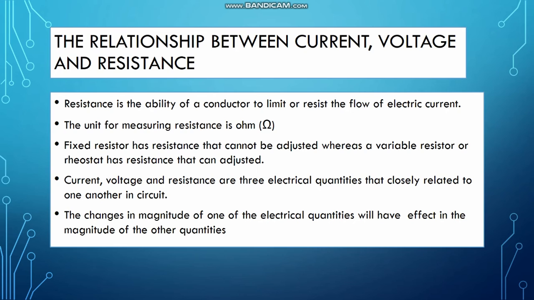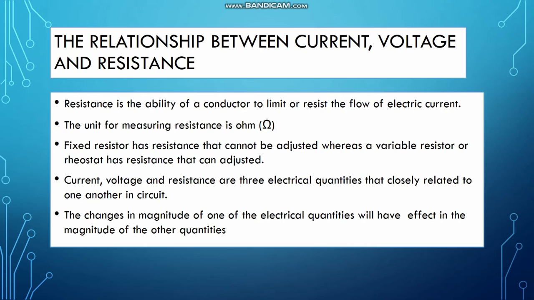The unit for measuring resistance is the ohm. Resistors have two types, which are the fixed resistor and the variable resistor. A fixed resistor has a resistance that cannot be adjusted. As you know, fixed means it cannot be adjusted. A variable resistor, or rheostat, has a resistance that can be adjusted.